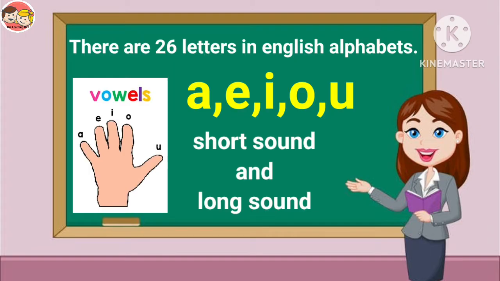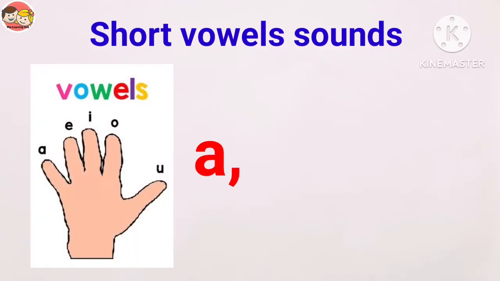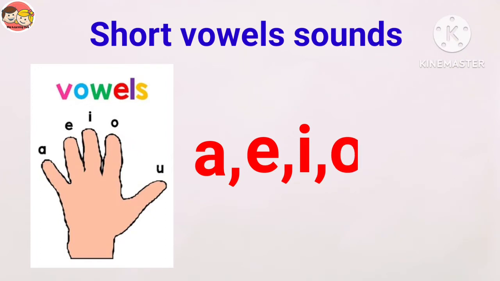First, we will be learning short vowel sounds. A says ah. The name of this letter is A and the sound of this letter is ah. E says eh. I says ih.